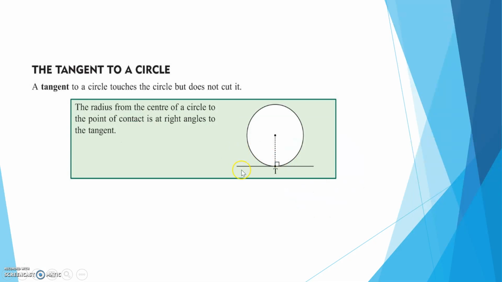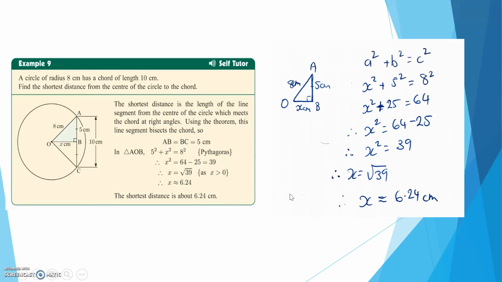And the tangent doesn't actually cut into the circle, but it goes across the circle, and where the point of contact is, there's actually a right angle formed. So if you've got your tangent going across, you've got your radius going from center out, where they meet, it actually forms a right angle.